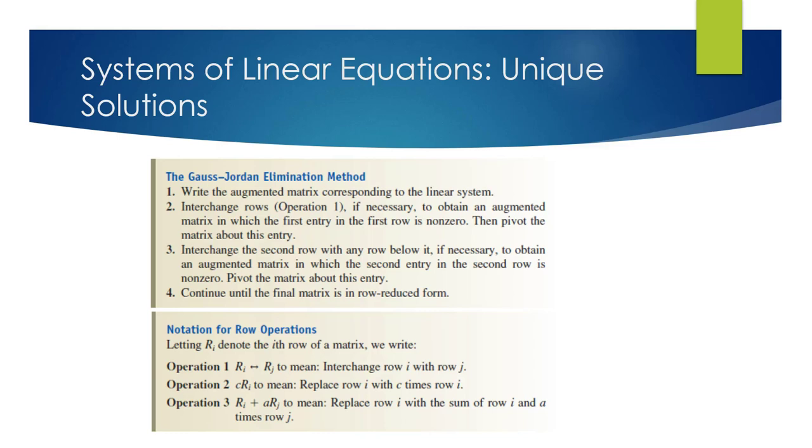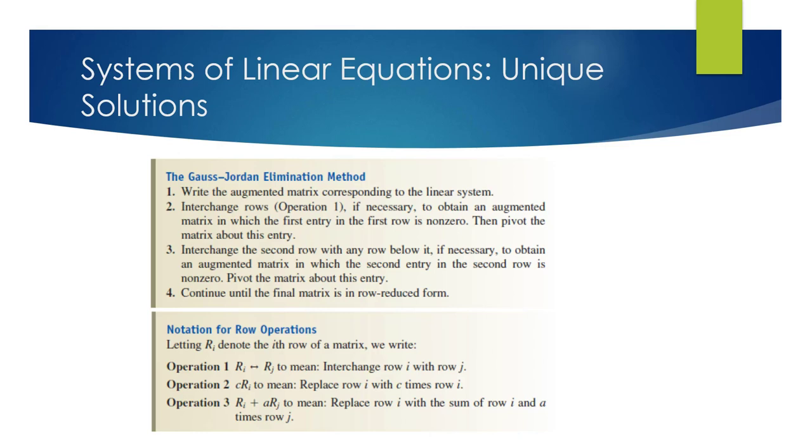The trick of doing this is, even though these are what you're allowed to do, and they're showing you the symbolism that you would use to do it. If I have row 1, double arrow, row 2, it means I'm interchanging those two rows. If I have a number times row whatever, I'm replacing that row with a number times that row.